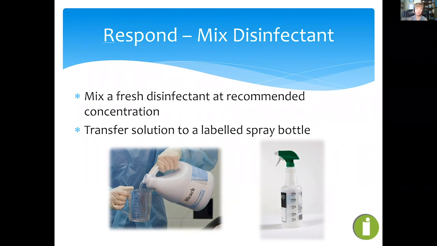We don't have to use something that concentrated whenever we're talking about other surfaces around there. We can use 1,000 parts per million, and that's 4 teaspoons per gallon that would give us the 1,000 parts per million. So we're mixing chemicals. Obviously, we want to label our bottle before we use that.